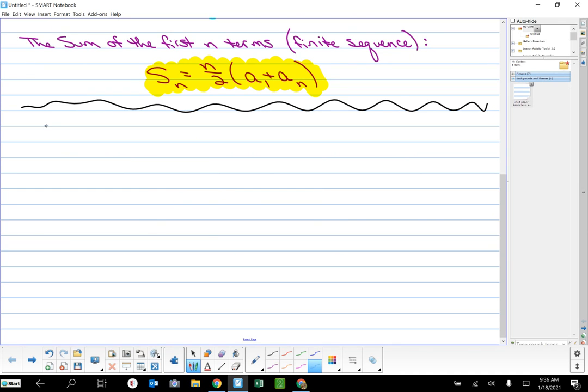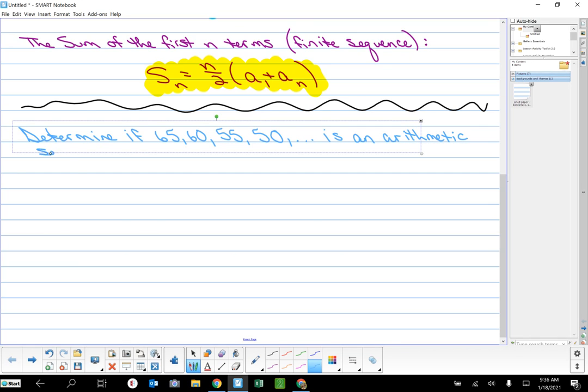All right, here's one. Determine if 65, 60, 55, 50, and so on is an arithmetic sequence. Varsity actually uses the word progression, which I will use.